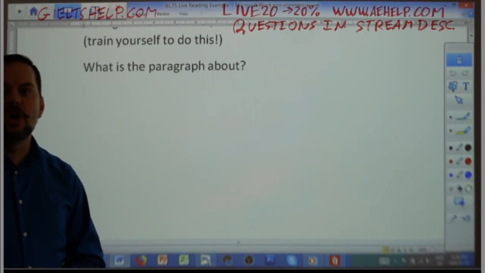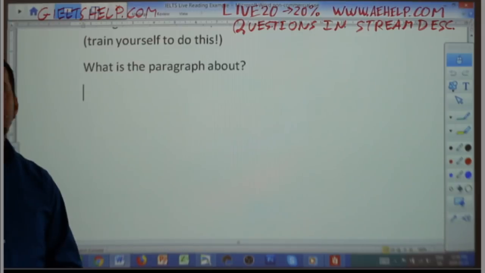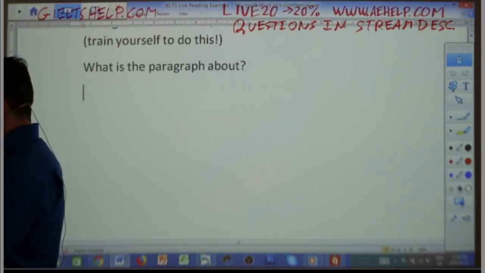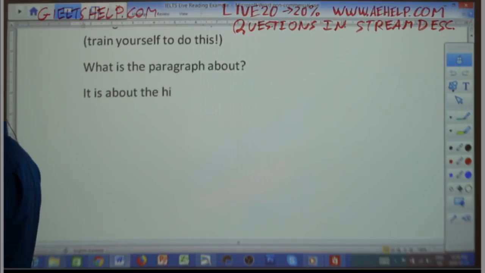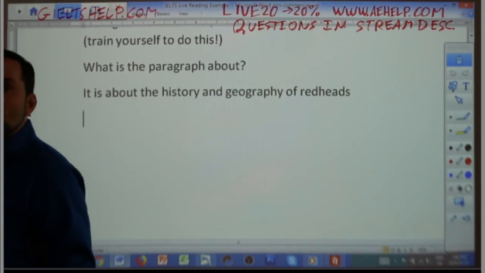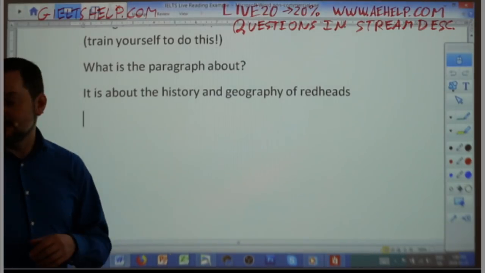It's about the geography of redheads. Yeah. The history, absolutely. It is about the history and geography of redheads. Okay. Why does the paragraph talk about this?